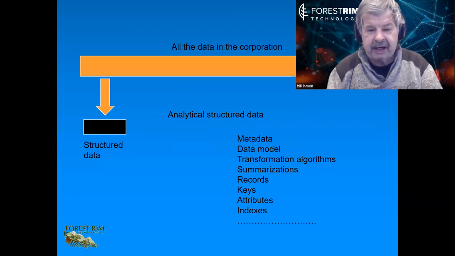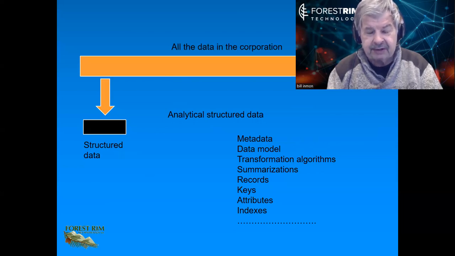Where does structured data come from? Structured data typically comes from transactions. When I think of transactions, I think of bank tellers, I think of airline reservation systems, I think of telephone companies with huge amounts of information about phone calls and so forth.